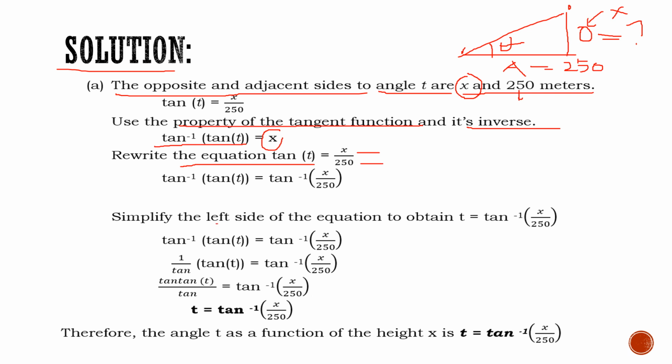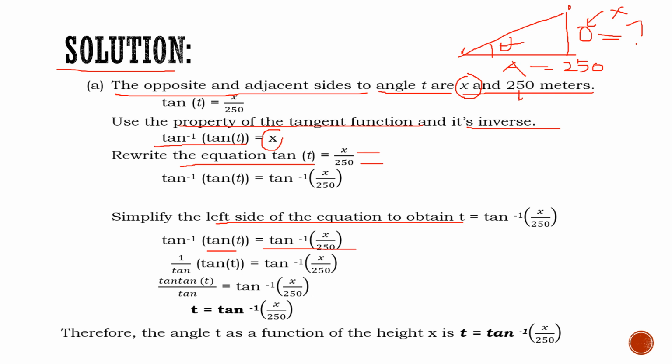So simplify the left side of the equation to obtain t is equal to the inverse tangent of x over 250. So we need to get the value of the angle t.